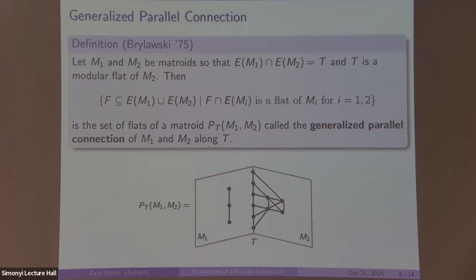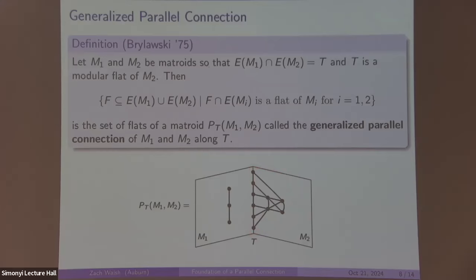Do you have a geometric picture for generalized parallel connection? Is the modular condition visible in a picture like this? Good question. You can check from the picture that T is a modular flat of this matroid.